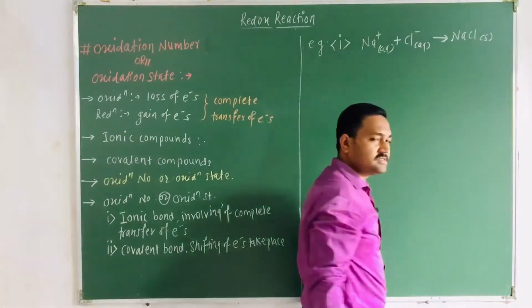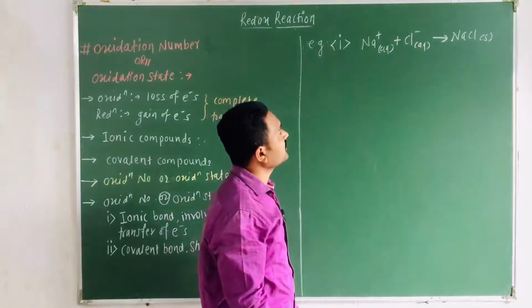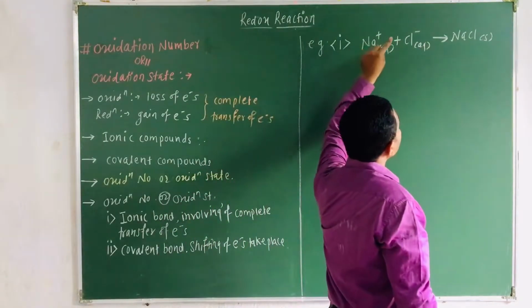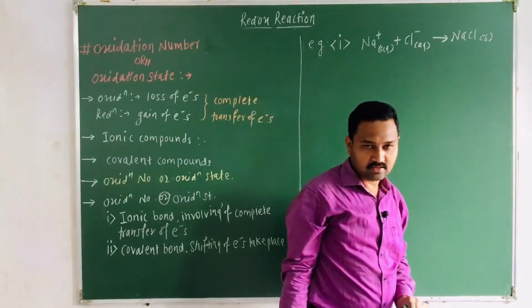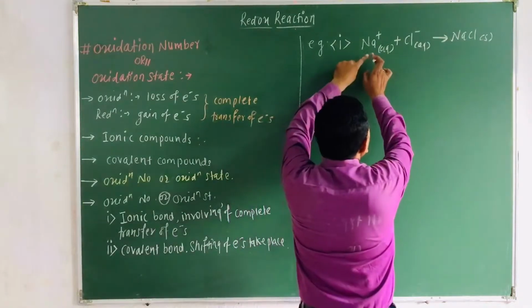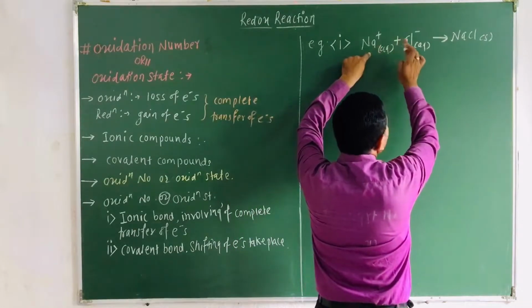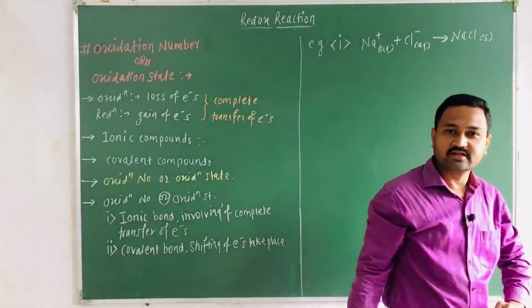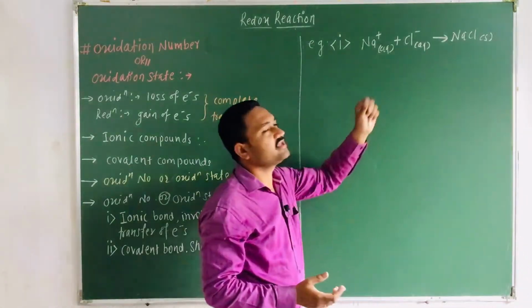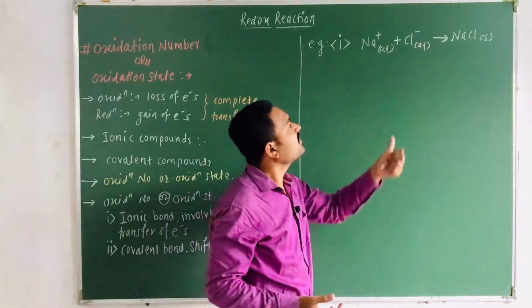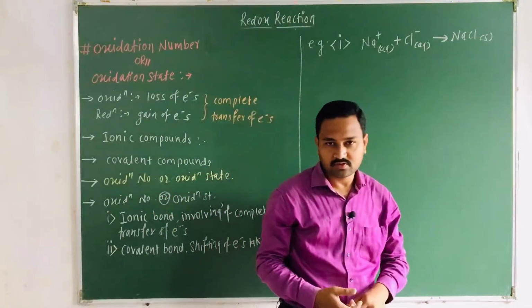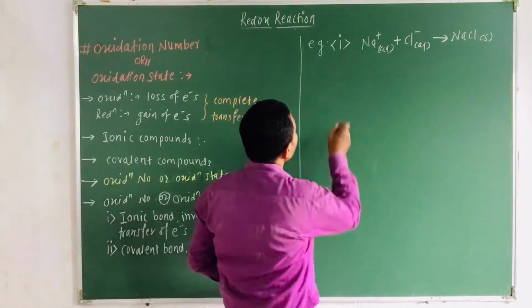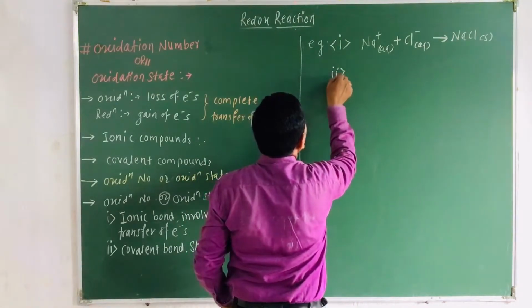This is a very simple chemical reaction. Here the sodium ion loses its electron, the chlorine accepts it, and NaCl is formed. So we can categorize this reaction as a redox reaction, as there is a complete transfer of electrons.